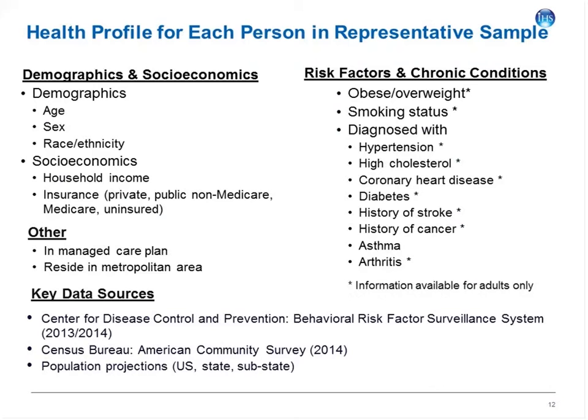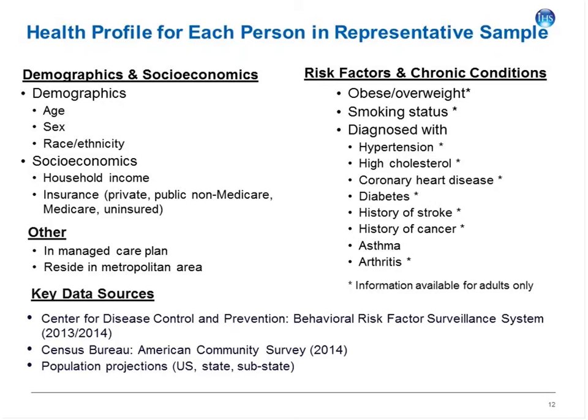The information that is collected on each state, so for each person, for each state, we have a representative sample of the population, and for each person in that representative sample, we have their age, sex, race, ethnicity, household income level, their insurance status as private, public, non-Medicare, Medicaid, or uninsured. We have whether or not they're in a managed care plan, and whether they reside in a metropolitan or non-metropolitan area.